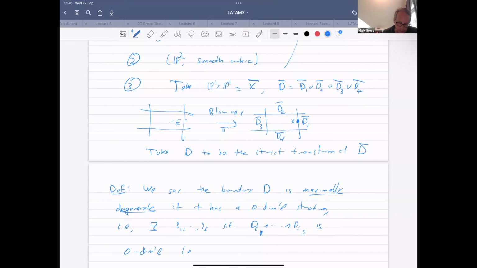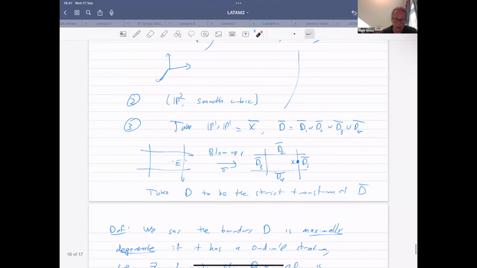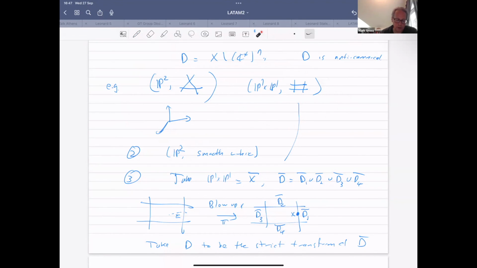In particular, non-empty, because I don't view the empty set as having dimension 0. So, for example, in this example, you just take the intersection of 2 adjacent divisors, you get a point that's 0-dimensional. Any of these examples have maximally degenerate boundary, because again, you can find a 0-dimensional stratum as an intersection of 2 divisors. This is not maximally degenerate.